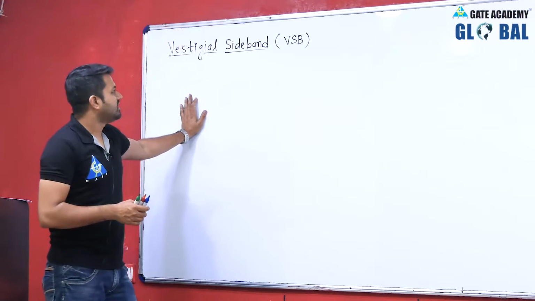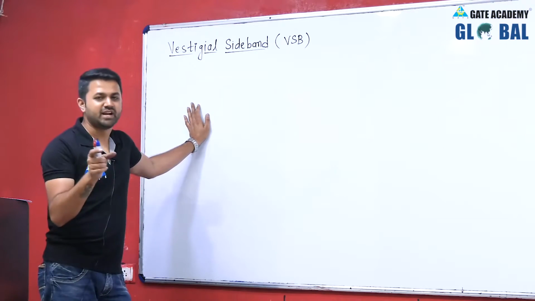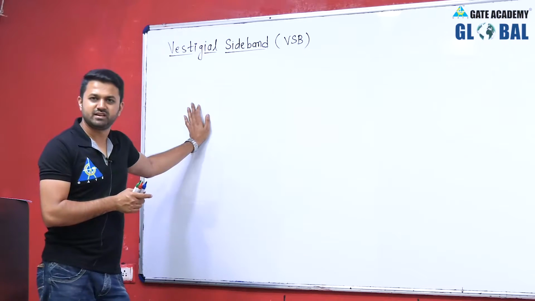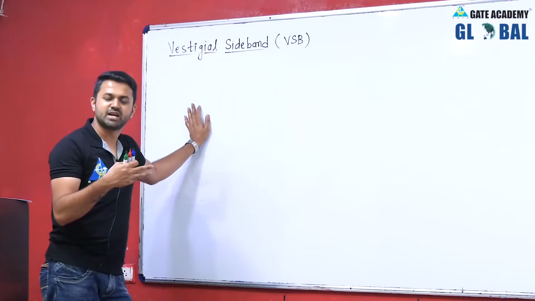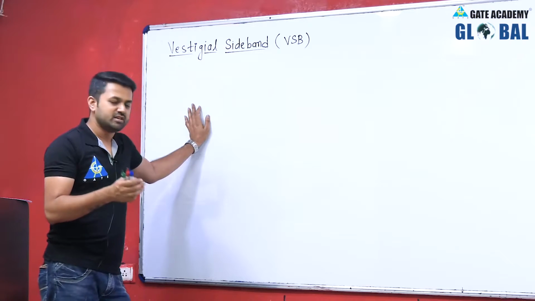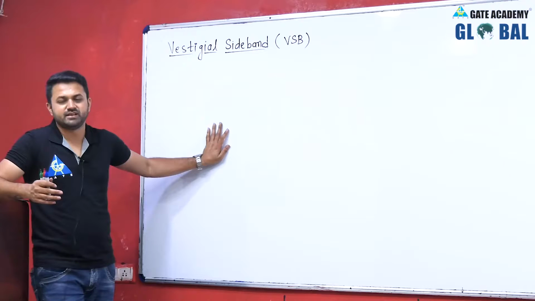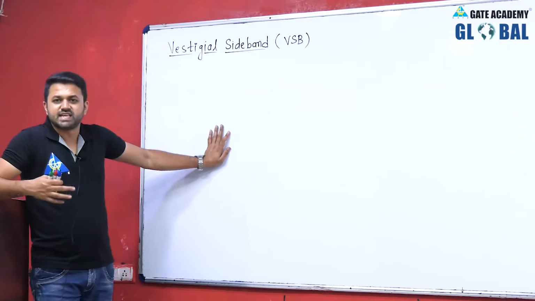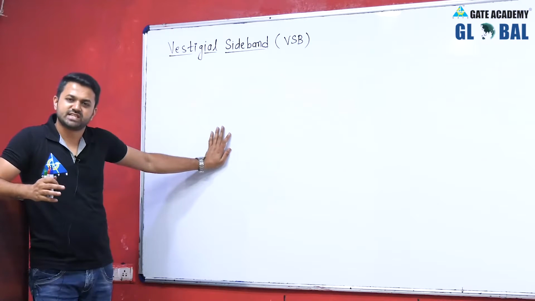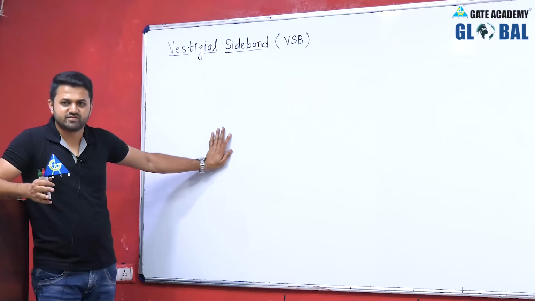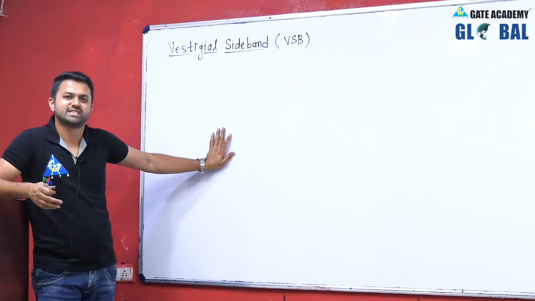Now we have seen the bandwidth requirement of vestigial sideband, which is more than single sideband but less than double sideband. So it is actually a compromise between double sideband and single sideband. Now we will see the generation and detection of this vestigial sideband with the help of the vestigial sideband filter, also known as the sideband filter.